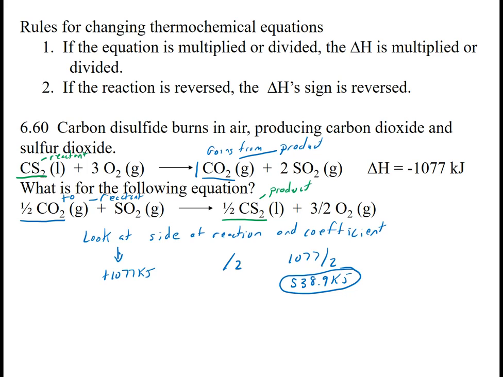So therefore, again, it became the positive 1077 kilojoules. And I went from a coefficient of 1 to a coefficient of 1/2. So I also divided by 2. So 1077 divided by 2 still gives me the 538.9 kilojoules. So it does not matter which species I look at. I'm just comparing from the one in which I'm given the delta H to the one that I'm not given the delta H for.